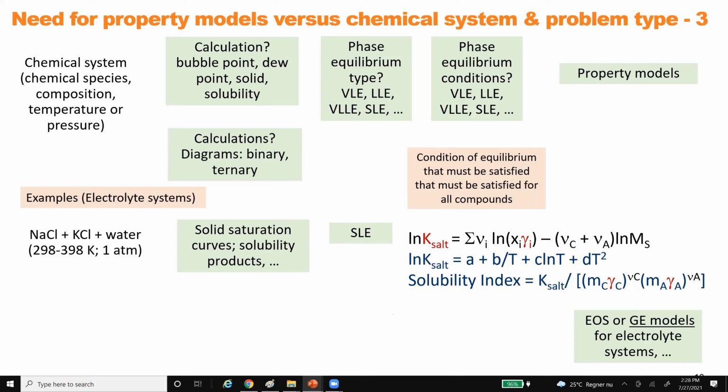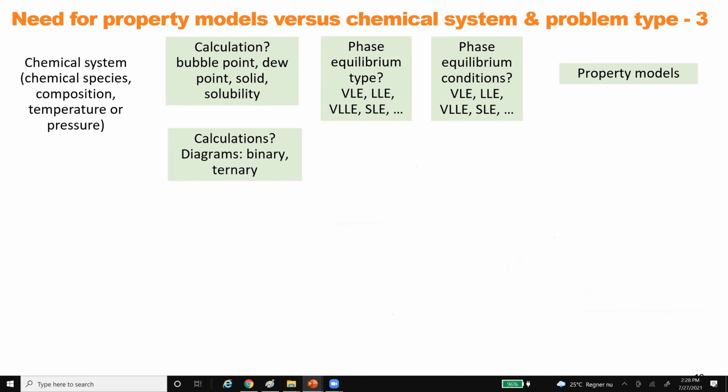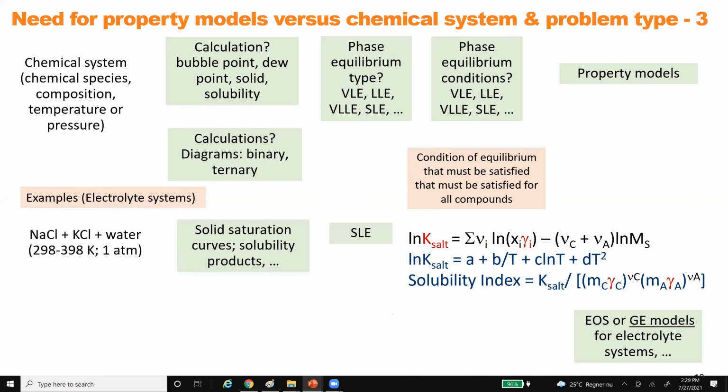Note that in this case, compared to the previous ones where we just had the equilibrium condition, now in addition to the equilibrium condition, we also have the chemical equilibrium condition. Why is that? Because the salt in the presence of water will dissociate into ions, so we have a chemical reaction going on.